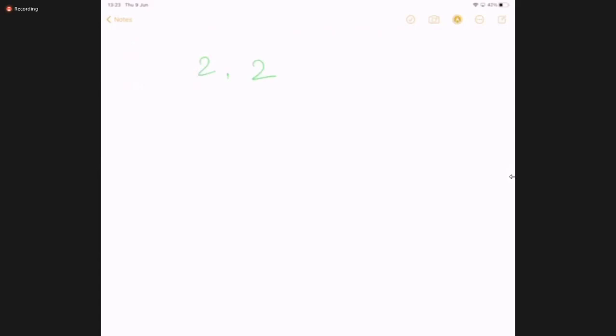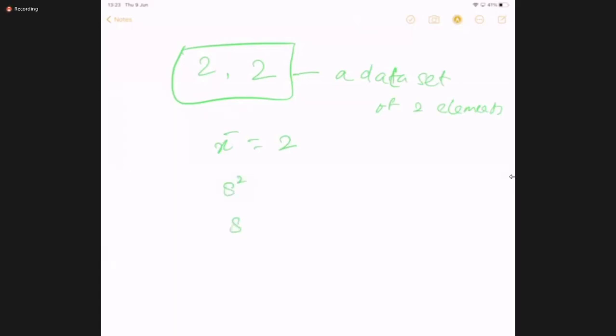Let's say we have two numbers, that means a data set of two elements or two observations, right? The mean value for this data set is 2. Now I'm asking you to find the variance or standard deviation. So what do you think of these two measures for this data set?